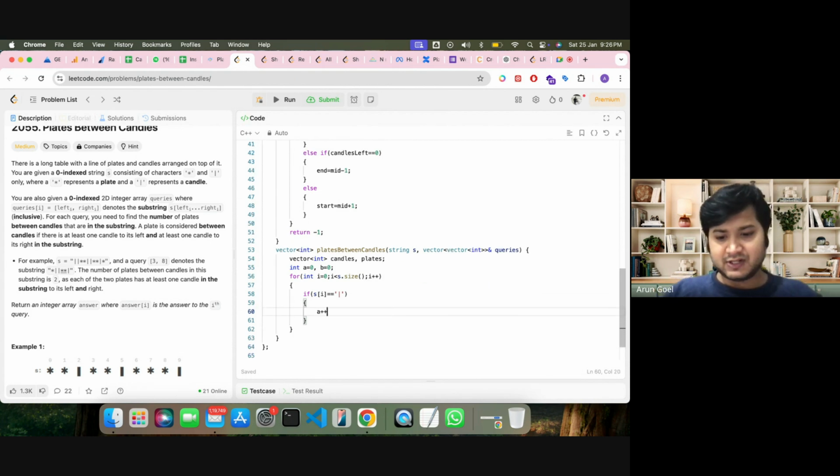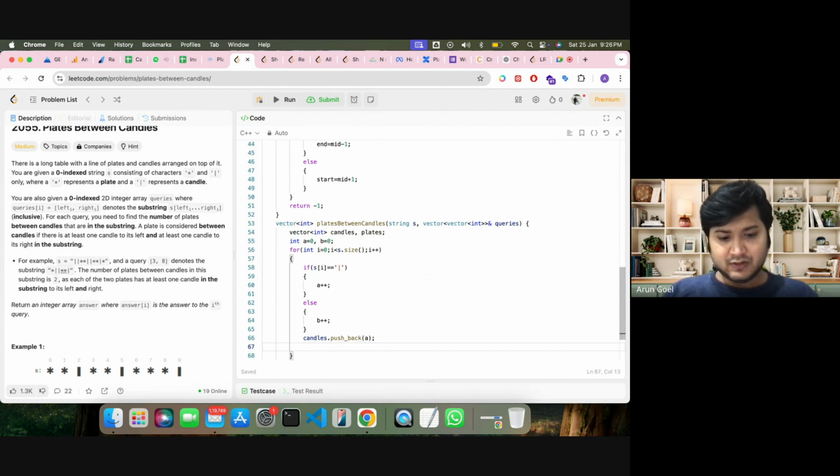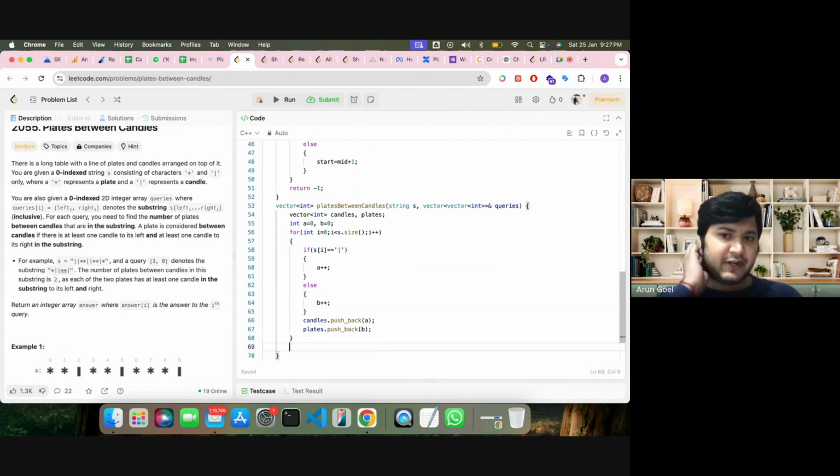So a plus plus, else b plus plus. Candles dot push back a. Same ways, plates dot push back b. Perfect.